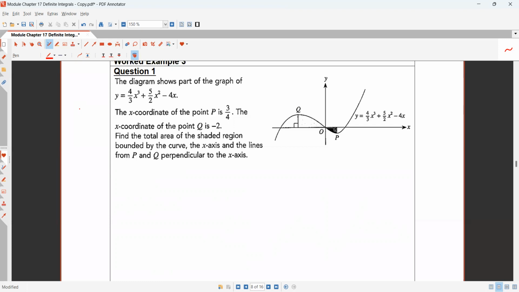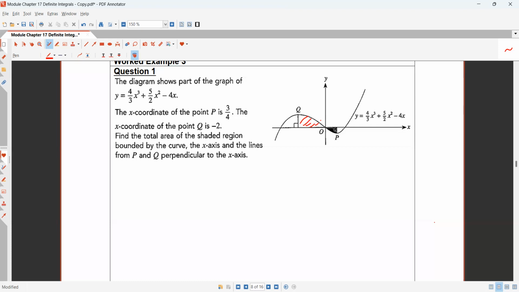So now you have two shaded regions. The one here is also a shaded region. Please indicate on your module because it's not very clear. Usually for this one, I will do it separately because you cannot do it in one go.